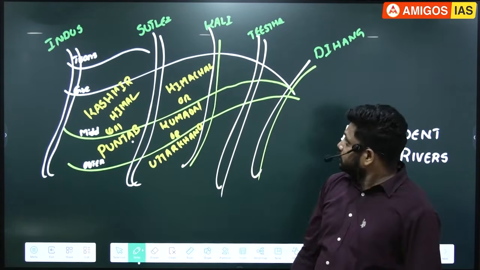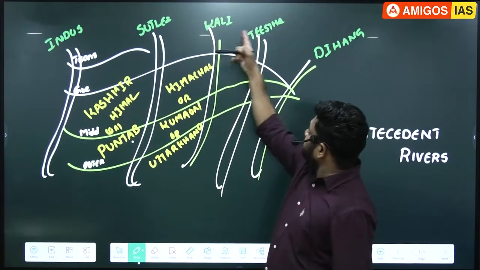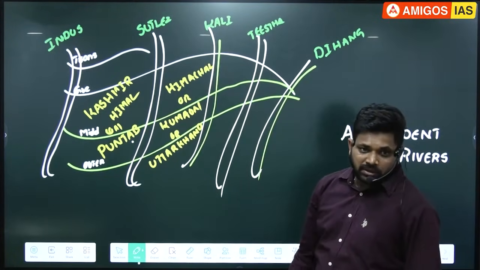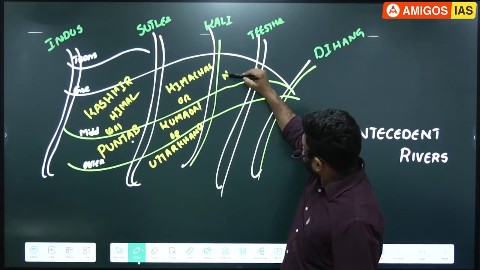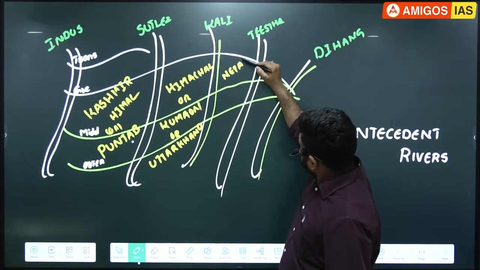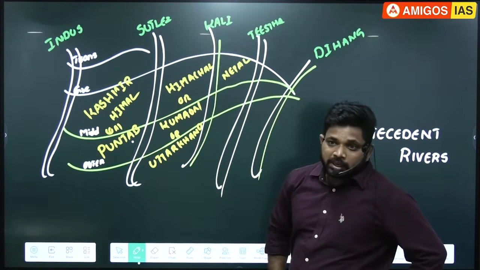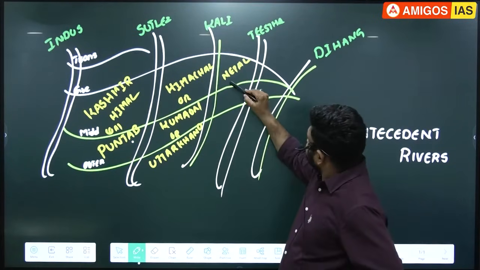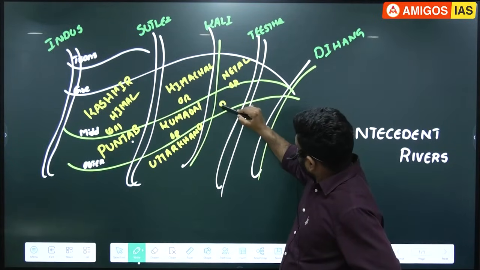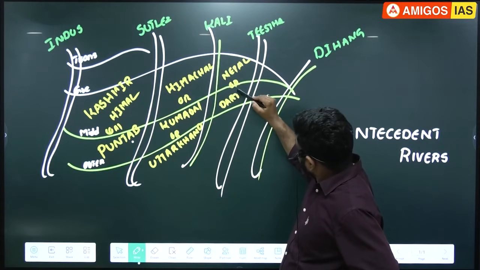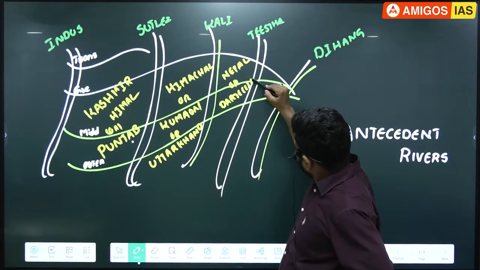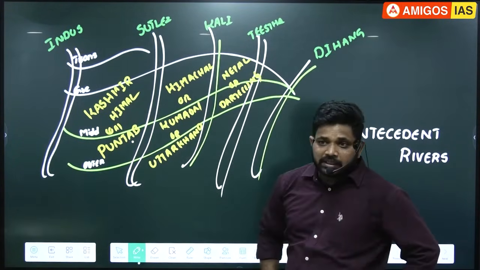Himalayas. The Himalayas which are present between Kali and Teesta, such Himalayas are called, see the word, what is that Himalayas? Nepal Himalayas. Sometimes it is also known as Darjeeling Himalayas.